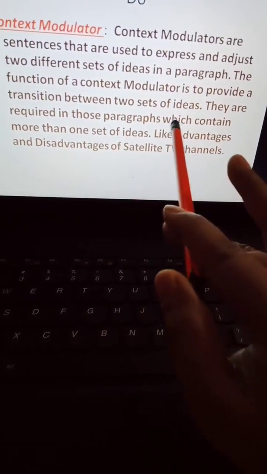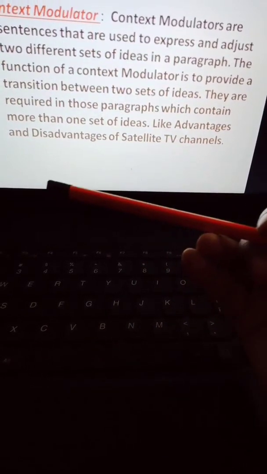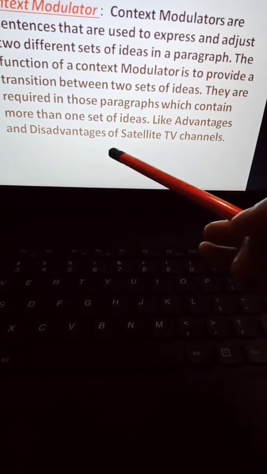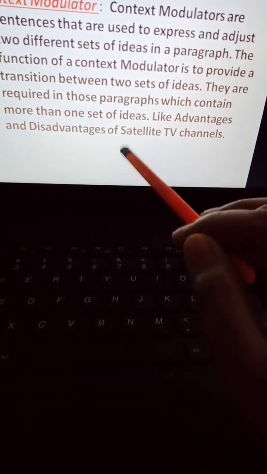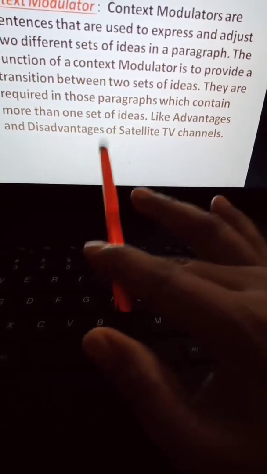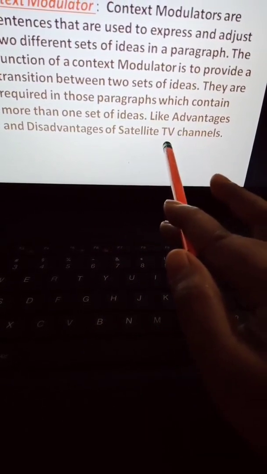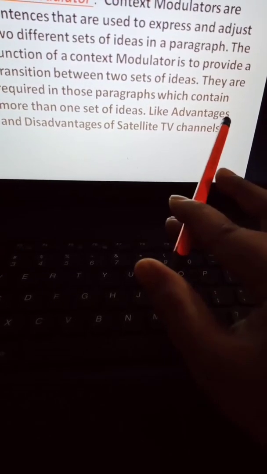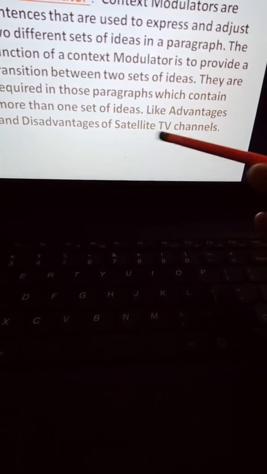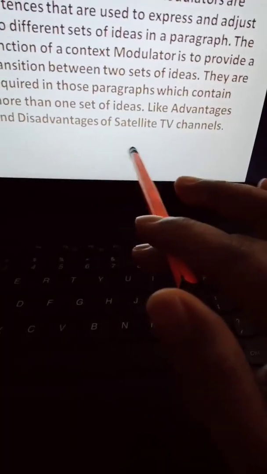So here you should use some transition with a phrase like on the other hand or on the contrary. So this is called context modulator. But if you find the paragraph is advantages of satellite TV channels, then it is just one idea, advantages. So here you should not use context modulator.